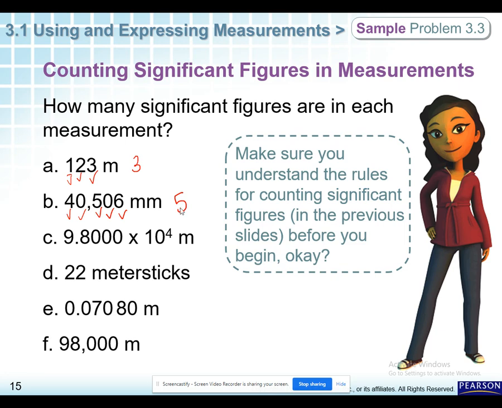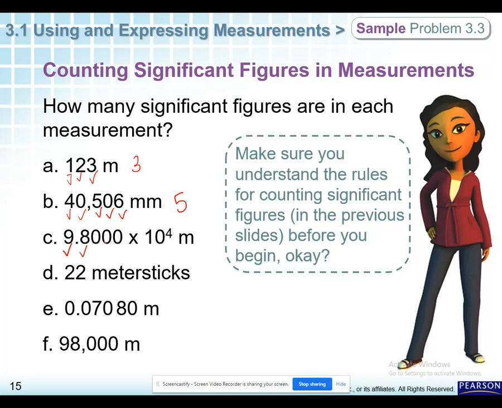Now to go to letter C. Here, non-zero digits count, so these ones automatically count. And then we look at these zeros here. Well, they're not between non-zero digits, so we got to move on to our next rule with zeros. And I see that they're not leading zeros because they're not in front, so I don't have to worry about that. And I go to my next rule, and these are trailing zeros.